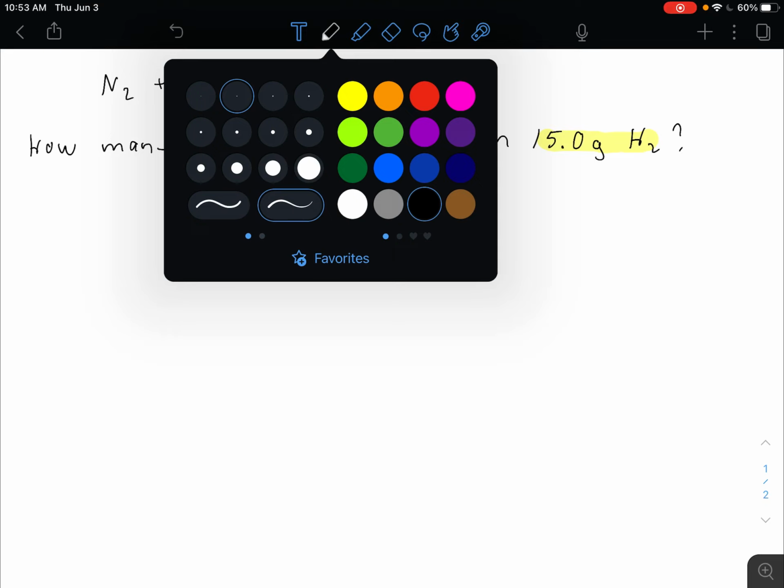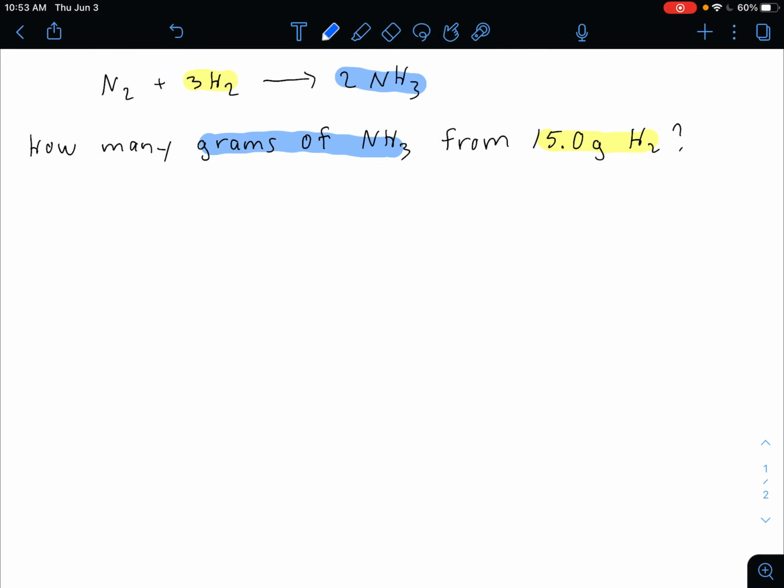We need our molar masses to start out with, right? 1 mole of H2, that's 1.01 each, so just 2.02 grams. And then 1 mole of NH3, that's 14.01 plus 3 times 1.01, so that's 17.04 grams.